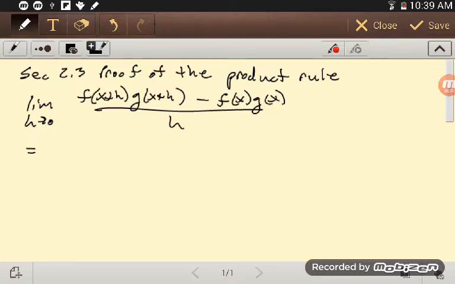Well, the little thing we can do here is add 0 in the numerator. So that's the nifty little algebra ploy that we use.